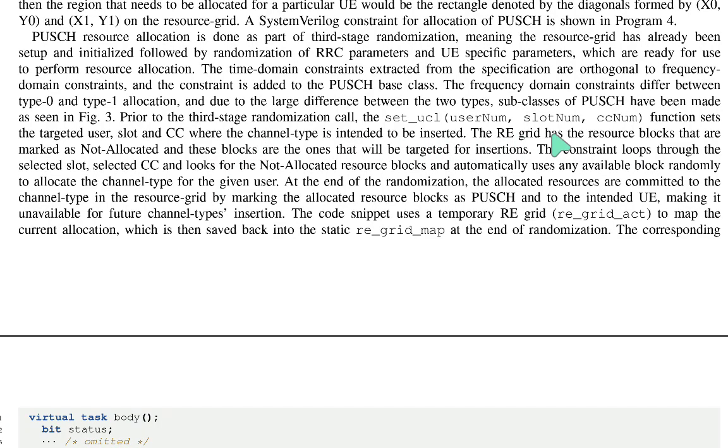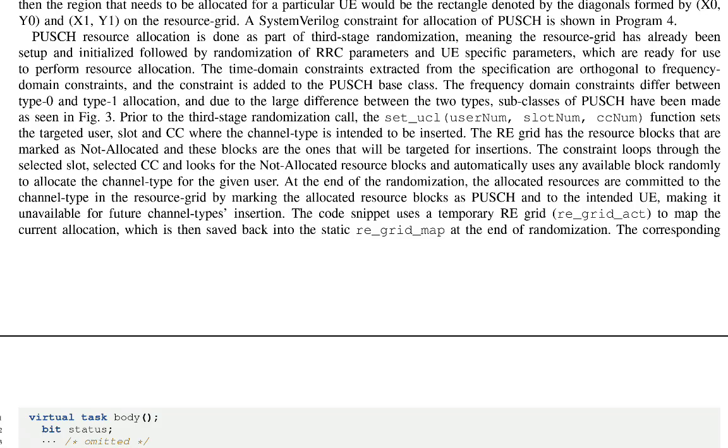The array grid has the resource blocks that are marked as not allocated, and these blocks are the ones that will be targeted for insertion. The constraint loops through the selected slot and selected CC, looks for the not allocated resource blocks, and automatically uses any available block randomly to allocate the channel type for the given user.